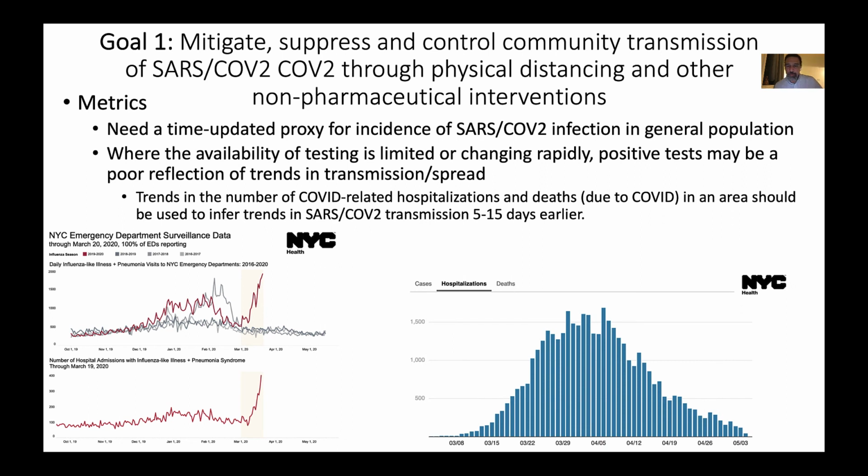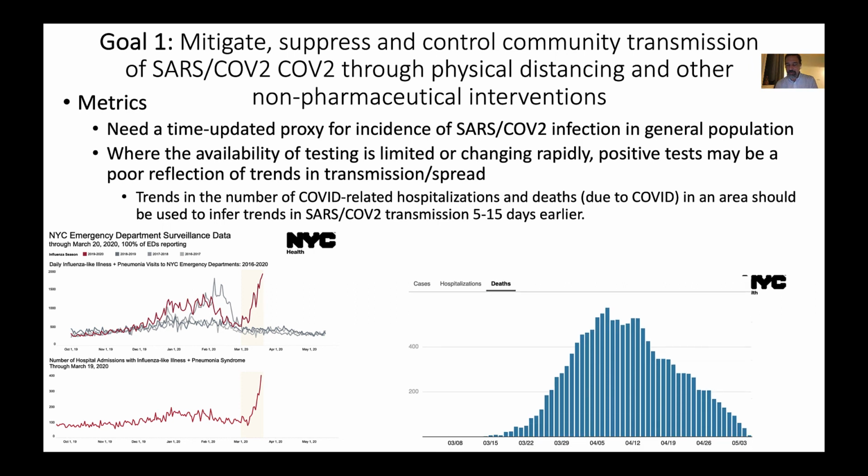They also publish information on all hospitalizations in the city, not just those coming in through the emergency department, and they reported the number of deaths over time. These are the kinds of surveillance systems the city put in place to monitor the spread of SARS-CoV-2.